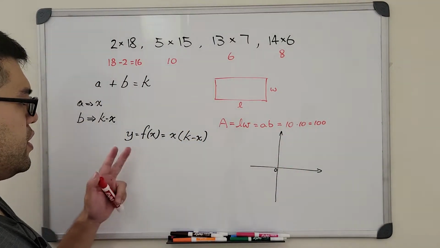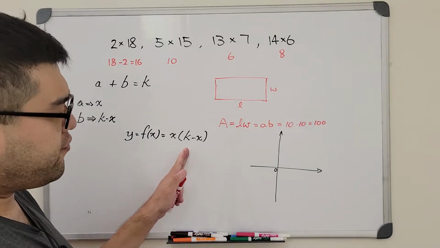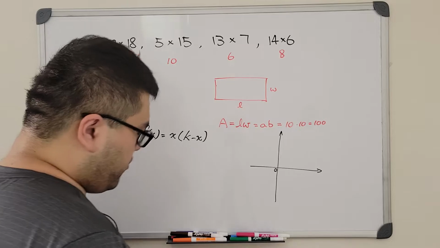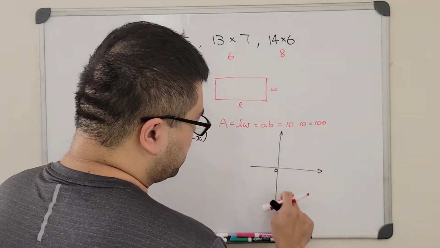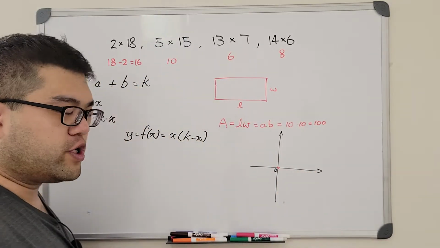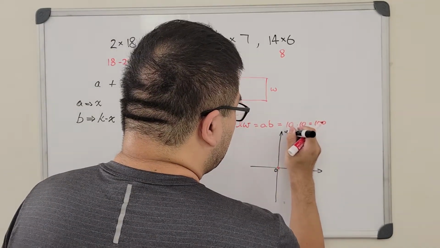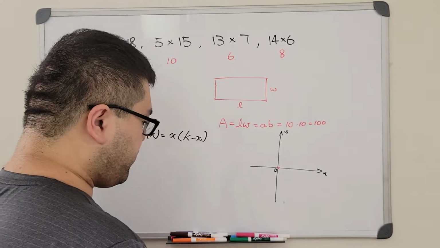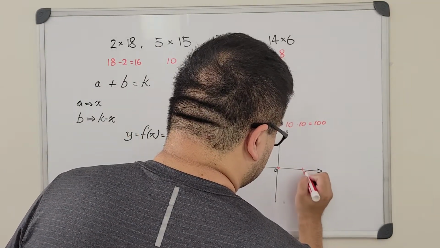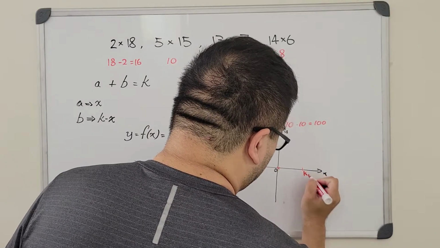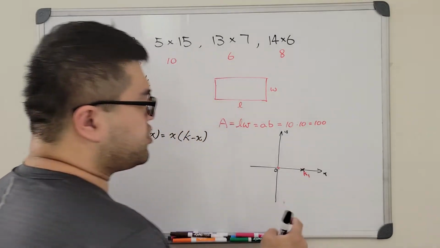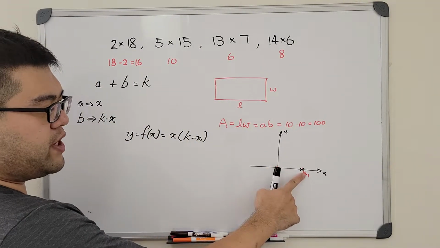So here, if we assume that k is positive, then one of the solutions will be here at the origin. Then if k is positive, we will have something such as this. Let's call it k positive, or k1. Then the other solution of this function will be at this point.